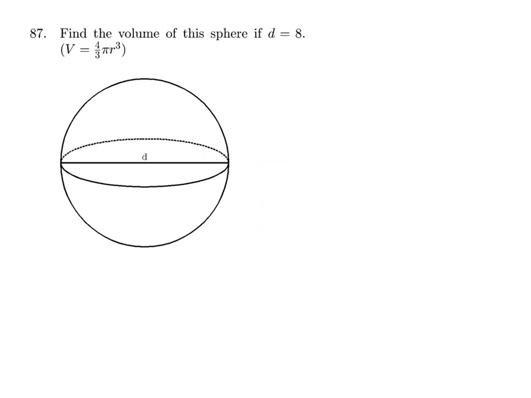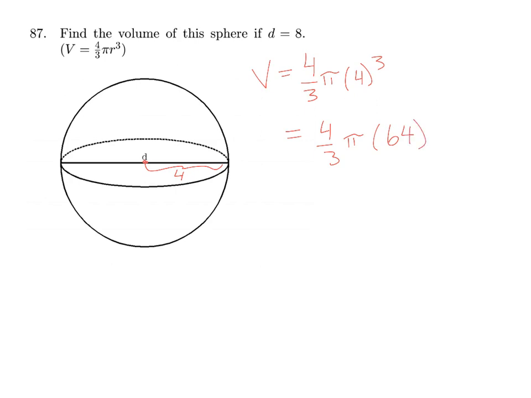Alright, find the volume of this sphere. D is equal to 8. So the radius is 4. Let's plug that in. Alright, don't forget to cube. A lot of students are in the habit of squaring and they forget to cube. So make sure to do that. So we get 64.